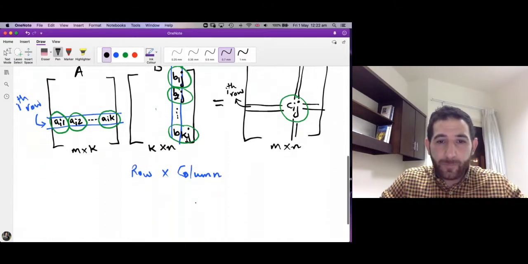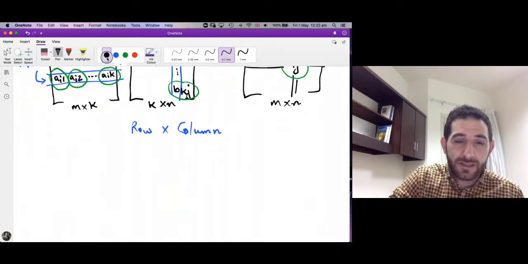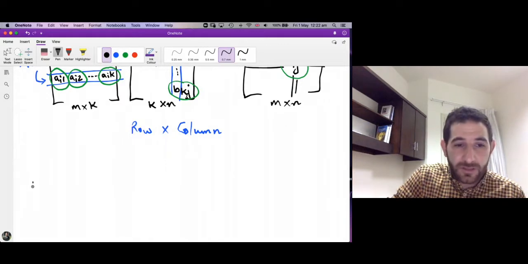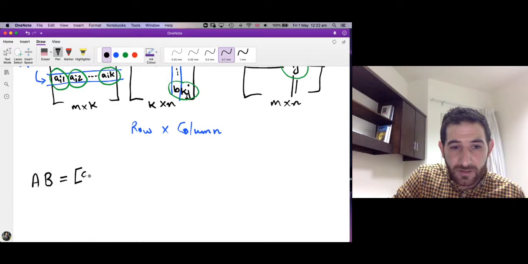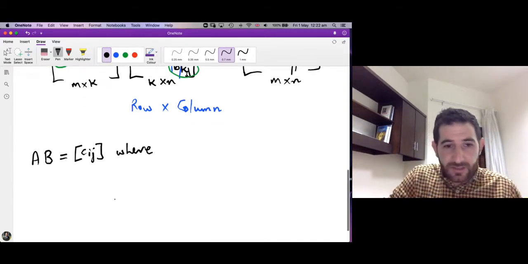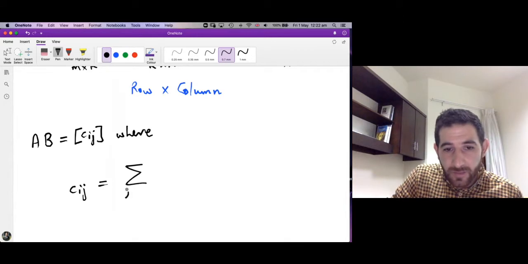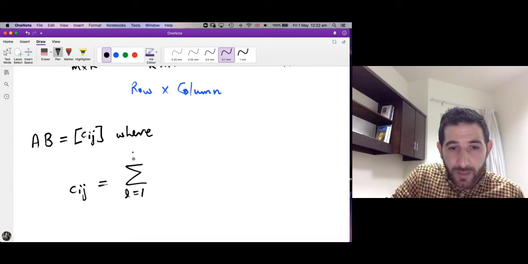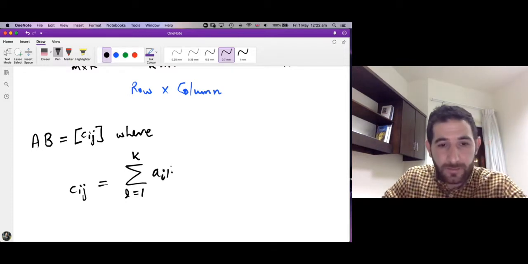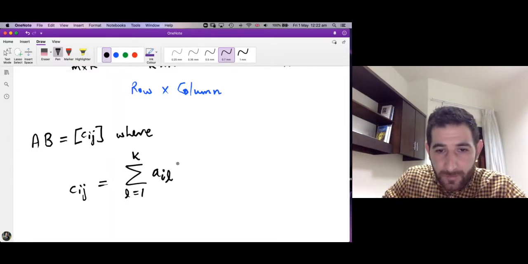So let me write this again using the sigma notation. AB is the matrix whose entries are Cij, where Cij is the summation where L ranges from 1 to K of AIL BLJ.